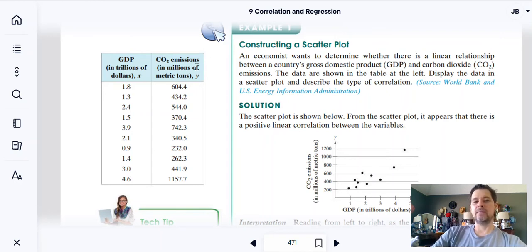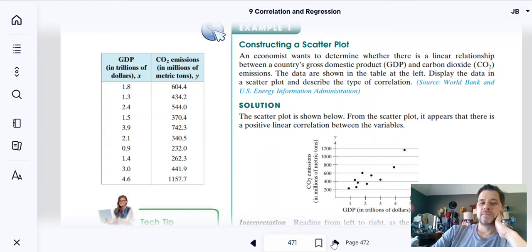You hear about it all the time, but carbon emissions from the same country. So it might make sense for those variables to go together. It might seem that the bigger an economy is, which is what the GDP measures, roughly, maybe the more CO2 is emitted, okay? And if we make a scatter plot, then we might be able to see that that's true, okay? So we use a scatter plot for paired data.